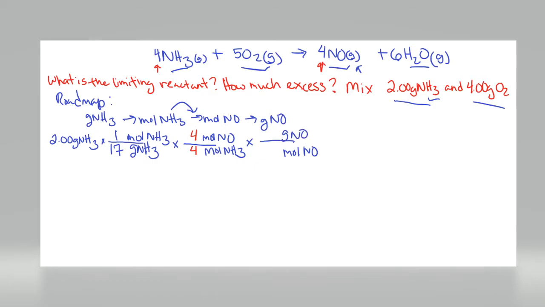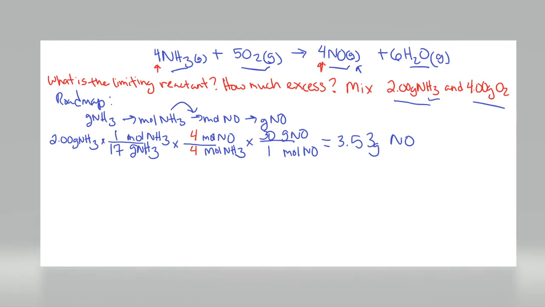What is the molar mass of NO? 30. Add up nitrogen and oxygen. For this first round, I ended up getting 3.53 grams of NO. That's how much NO was made if you start with 2 grams of ammonia and you have any amount of oxygen.